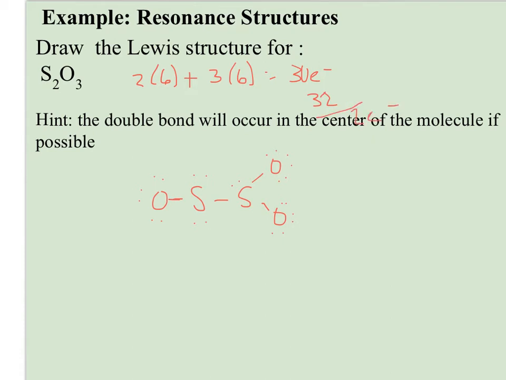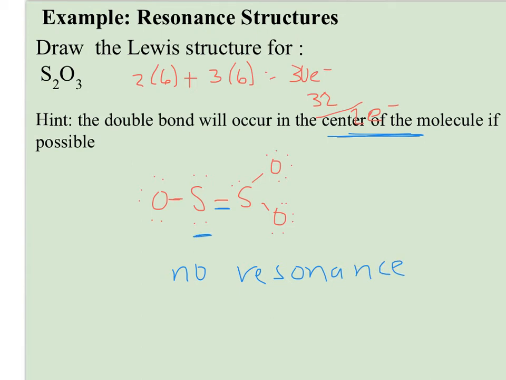So again, that lets me know I need a double bond. In this case, the double bond is going to form between the 2 sulfur rather than with one of the oxygen. So this would not have resonance, because the double bond is not going to rotate from between 2 sulfur atoms to between a sulfur and an oxygen atom.